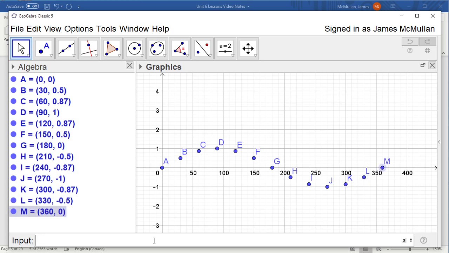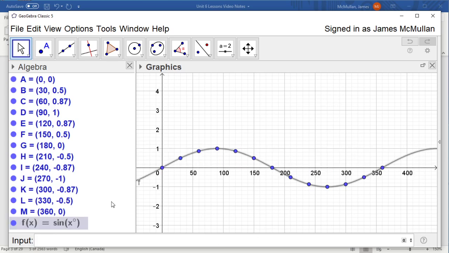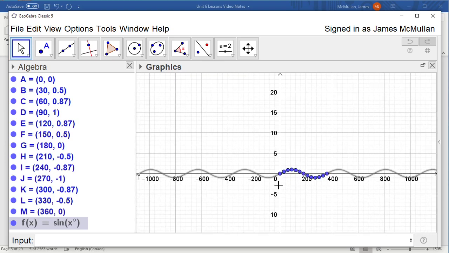And at 360, it was back to 0. So this is what you should have on your page, obviously without the A, B, C, D, and so on. You should have all those points. Now, when I graph the sine x function, that's what it does. It just repeats that pattern over and over and over.